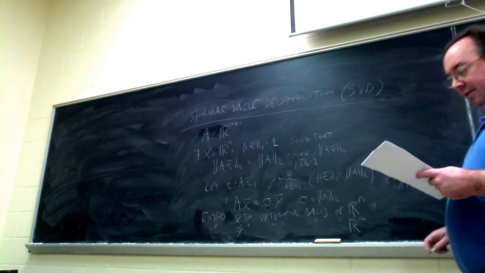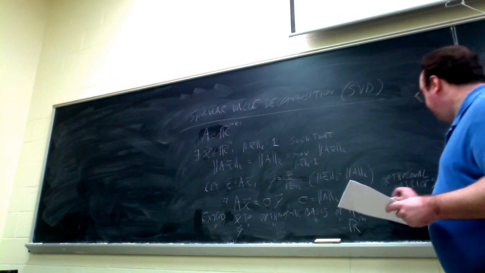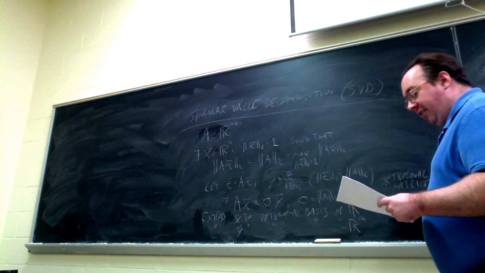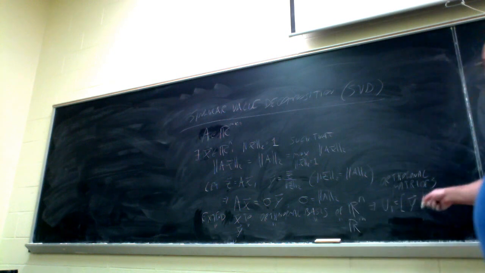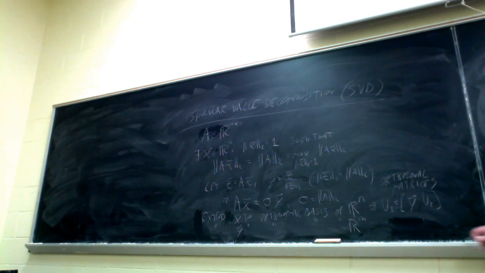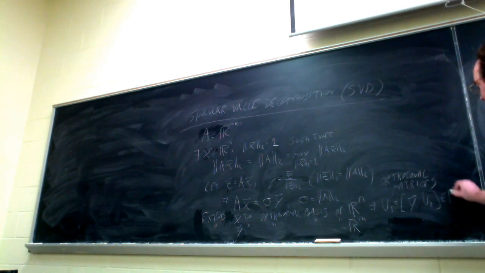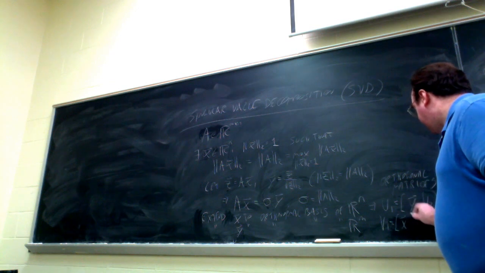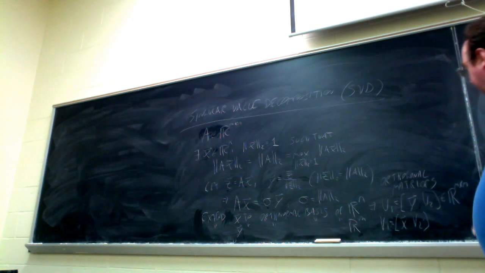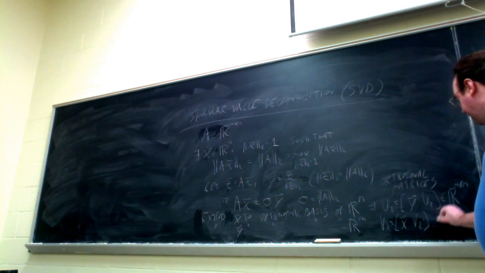I'll call U1 the matrix with first column y, and the rest of the columns I'll just refer to as U2. That is a square matrix in R^m. And then V1 has x as the first column, and the rest of the columns are lumped into V2, and that is an n by n matrix.